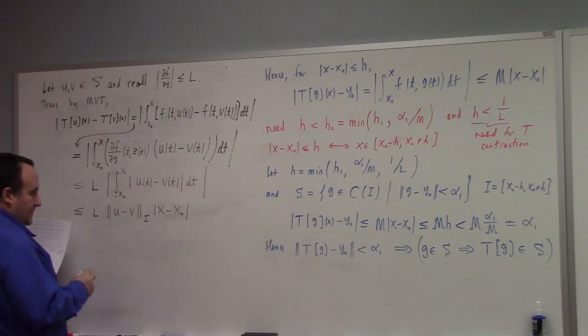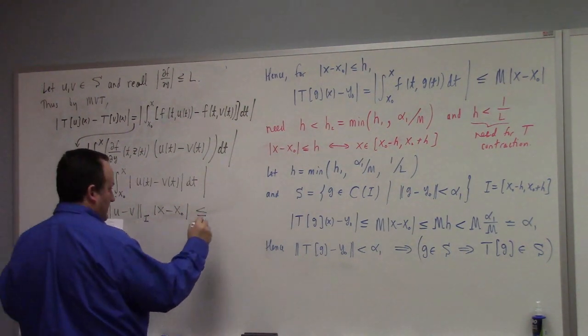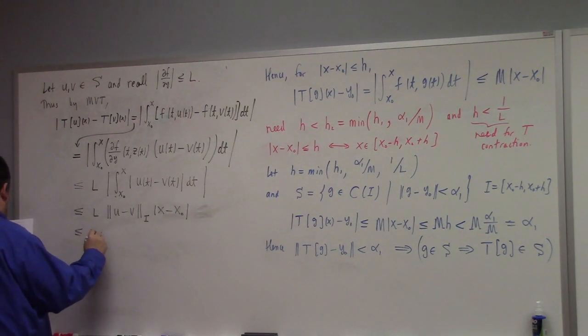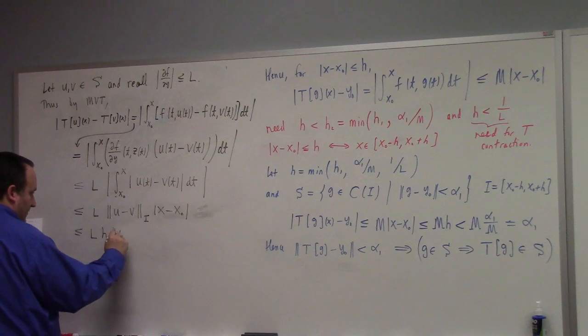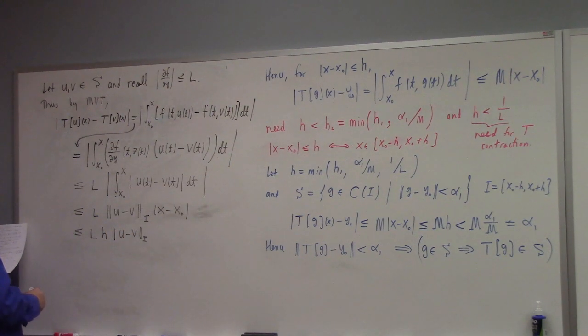Which then is less than or equal to LH, I'll do it down here, less than or equal to LH times the norm of u minus v with respect to the interval I.